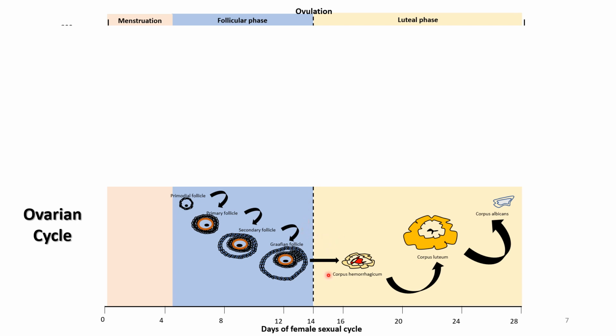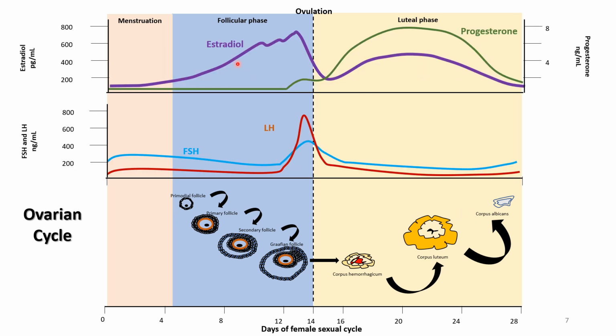Then in that area, corpus hemorrhagicum is formed, and then this develops into the corpus luteum. If there is no fertilization, this regresses and forms the corpus albicans. In the same diagram, you can show the various hormonal changes, that is the changes in the FSH, LH and estrogen and progesterone. So this will be covered in detail in another presentation.